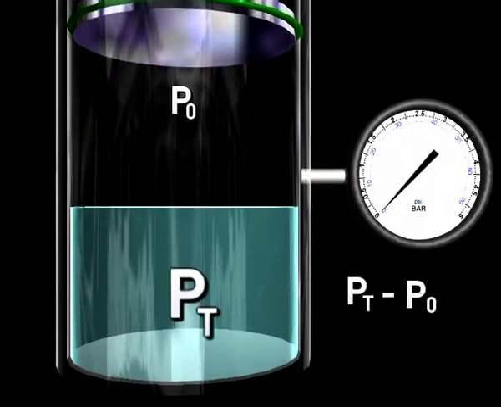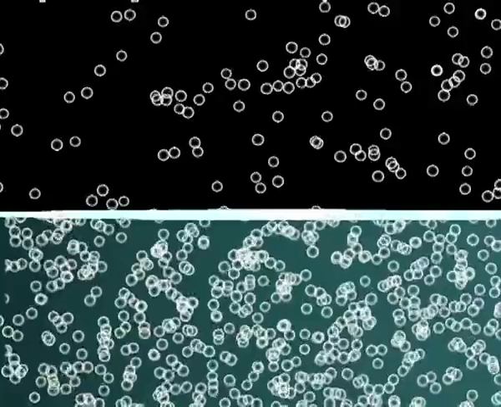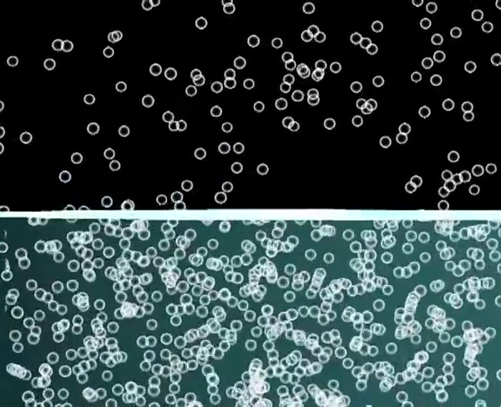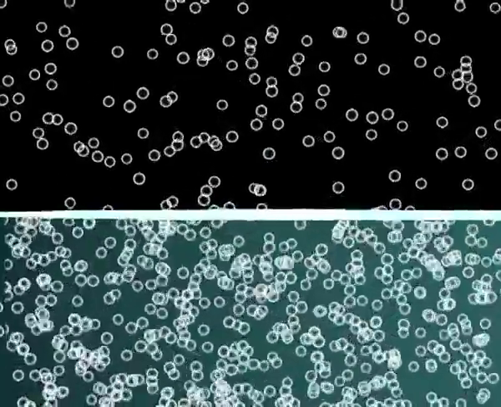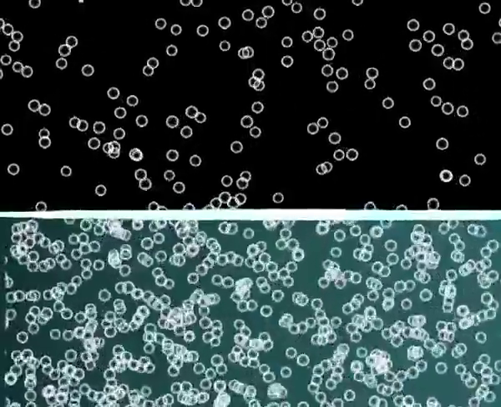Returning the ambient pressure to the value of P0, there is once again a difference between the ambient pressure and the tissue tension, which is still equal to the value of P1. This time, the difference is PT minus P0, as this time, it is the tissue tension that has a higher value than the ambient pressure. This means that more gas molecules are dissolved in the tissue than that permitted by the condition of saturation.